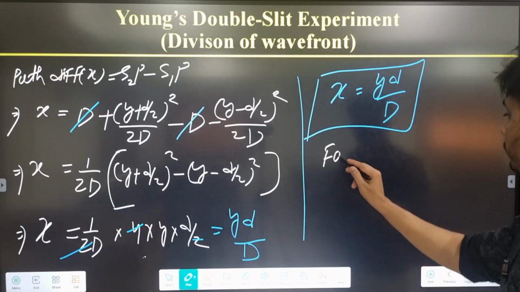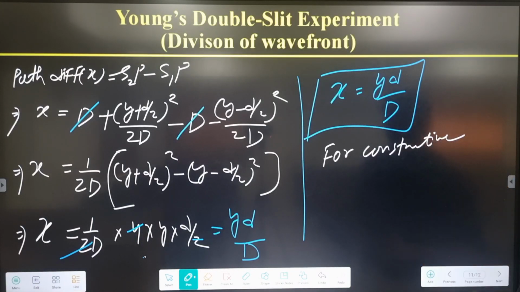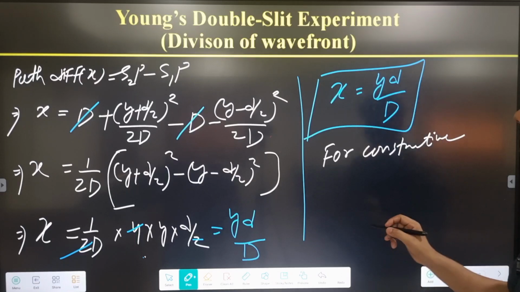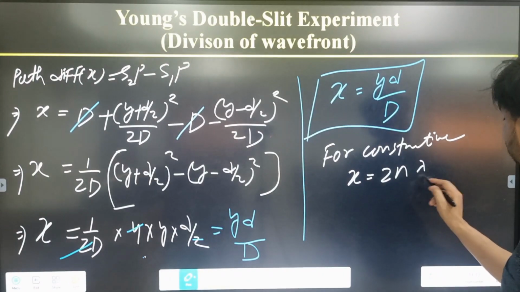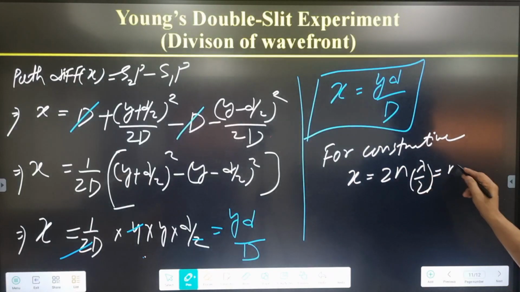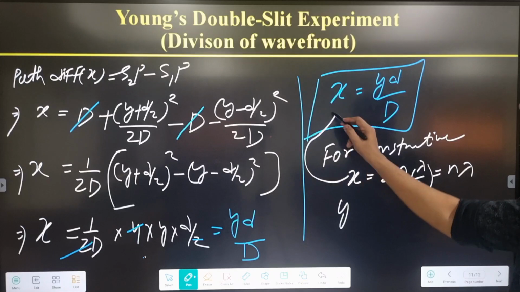For constructive interference, x must be an even multiple of lambda by 2, which is equal to n lambda. So you can use the formula here. Already we get the formula for x.